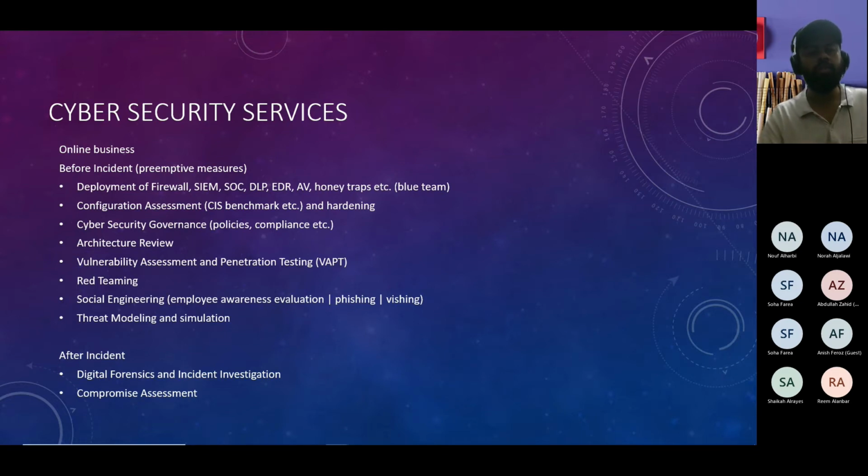And after the compromise, what has happened? Maybe users have been created on that Linux or Windows machine. Maybe sensitive data has been leaked. Sometimes attackers encrypt your sensitive files. This is the part that falls under compromise assessment, and this is how it follows.